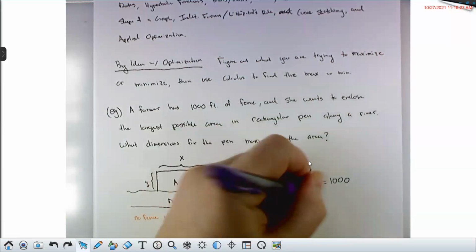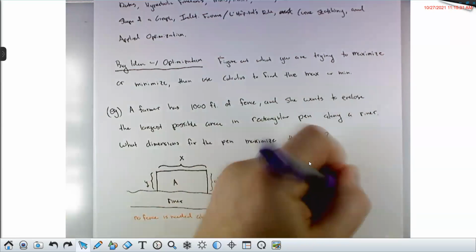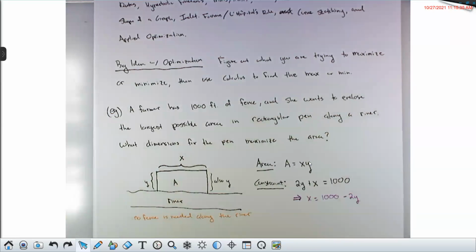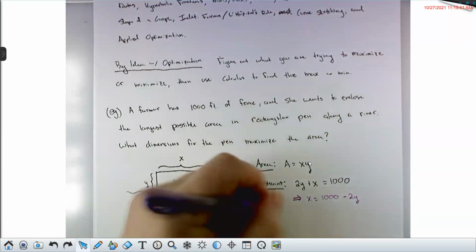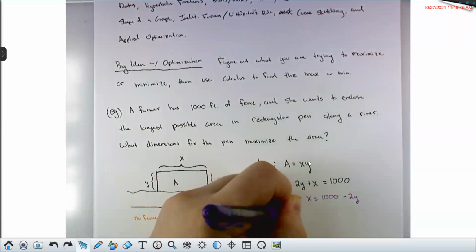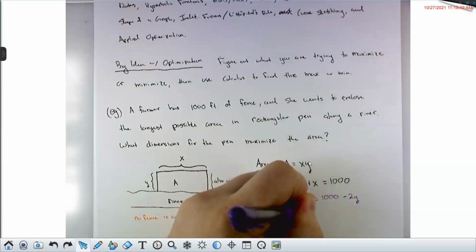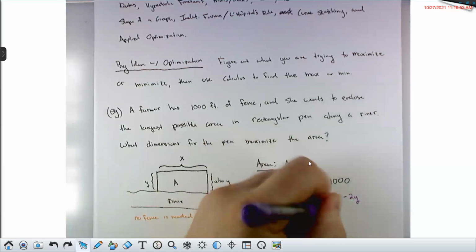I can solve this for X. X has to be 1,000 minus 2Y. To then rewrite my area as a function of a single variable. The area would be X, which is 1,000 minus 2Y, times Y.